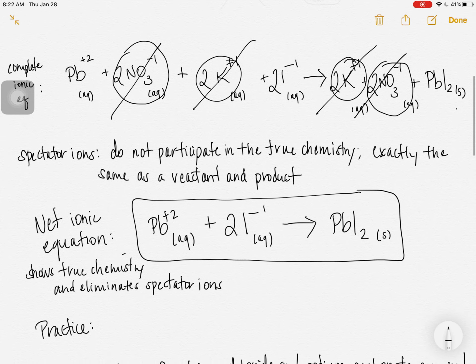Both are aqueous. I have Na +1, CO3 -2, but I have 2 sodiums. Both are aqueous. I'm not going to ionize calcium carbonate. It's the precipitate, but I am going to ionize the sodium chloride. And so from here, we eliminate the spectators.